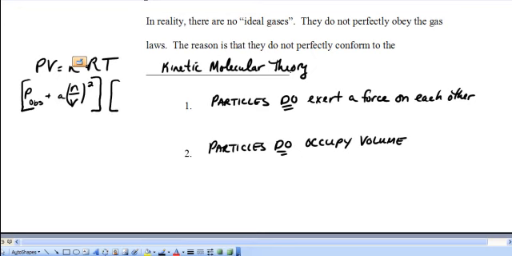The volume is going to be corrected as well because the actual volume is slightly less than what you would expect or what you would actually calculate. So really, here's the new pressure, here's the new volume, and that is going to equal nRT. This is actually called the van der Waals equation.